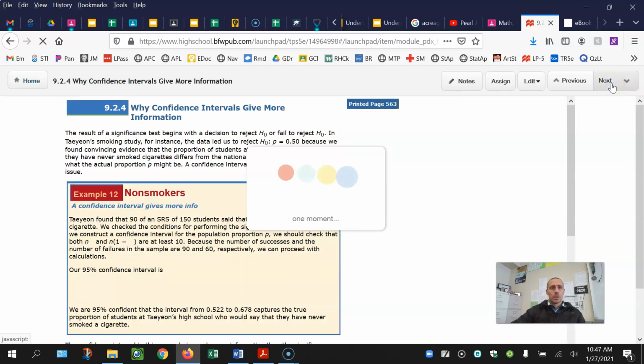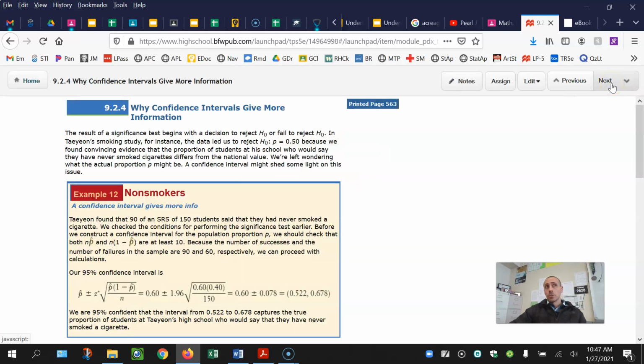Okay, so now we've learned about confidence intervals. We've learned about significance tests. Why do confidence intervals give you more information? Well, the quick, easy answer to that is they give you an interval. So you have a sense of where the parameter is. For a hypothesis test, if you reject the null, so say for the basketball question, we reject the fact that this person's an 80% free throw shooter.